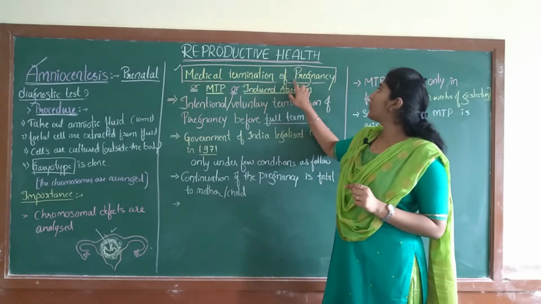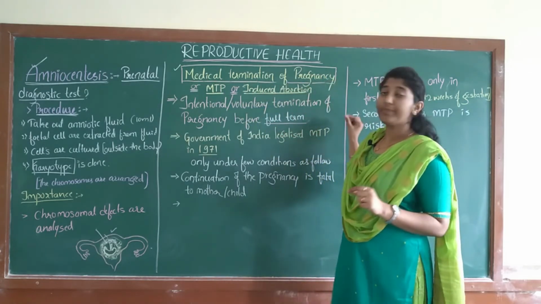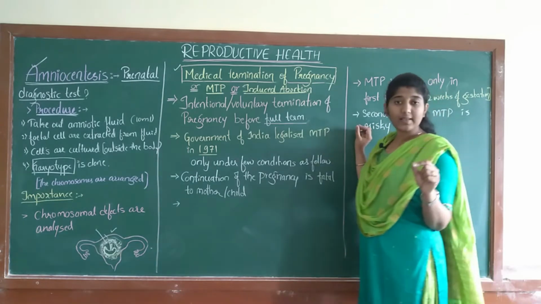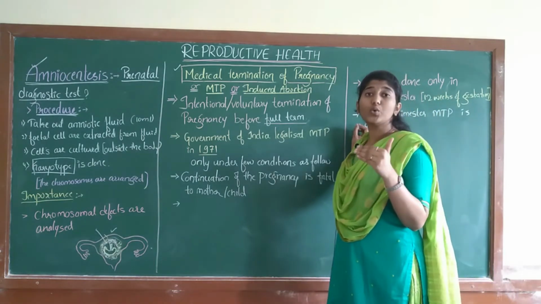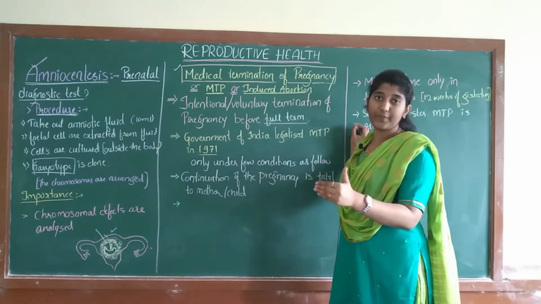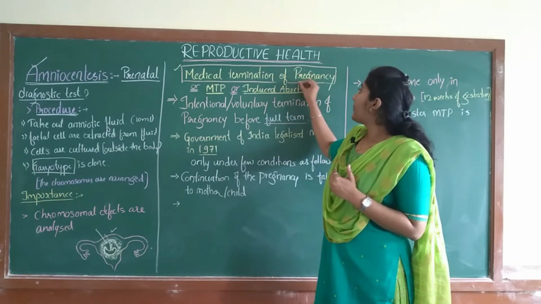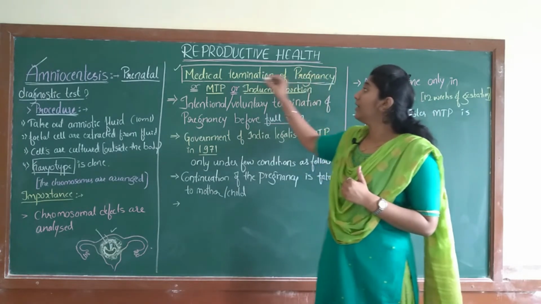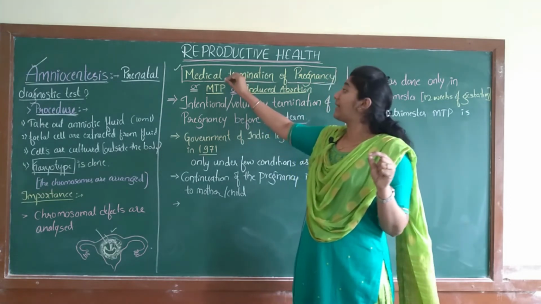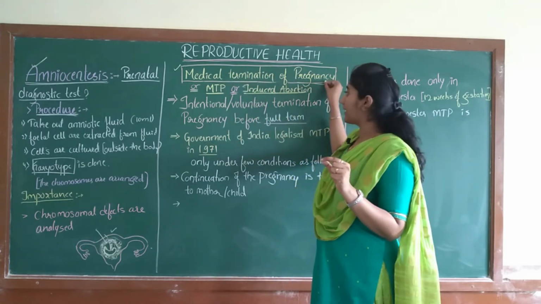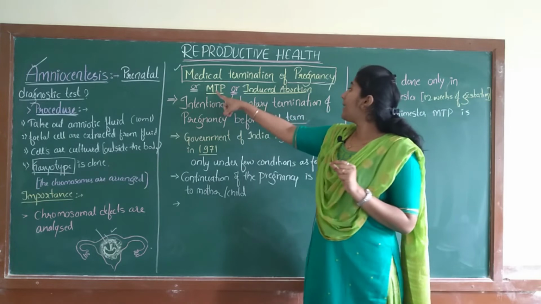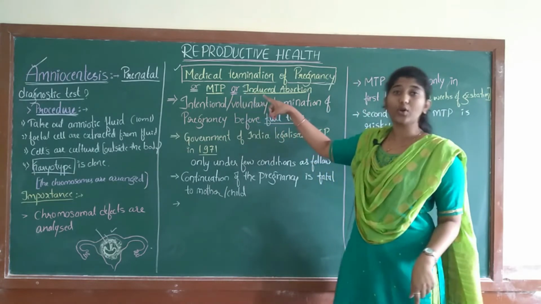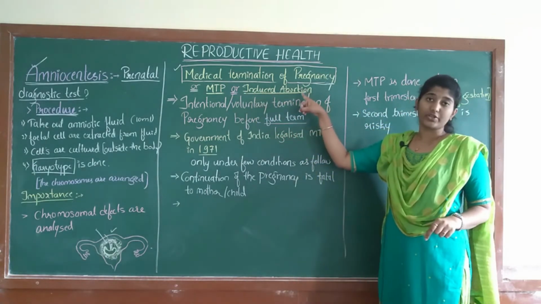Now we'll study the second topic, medical termination of pregnancy. Contraception is to prevent the pregnancy. Once the pregnancy has already occurred, there is a concept called medical termination of pregnancy, shortly called MTP, or also induced abortion.